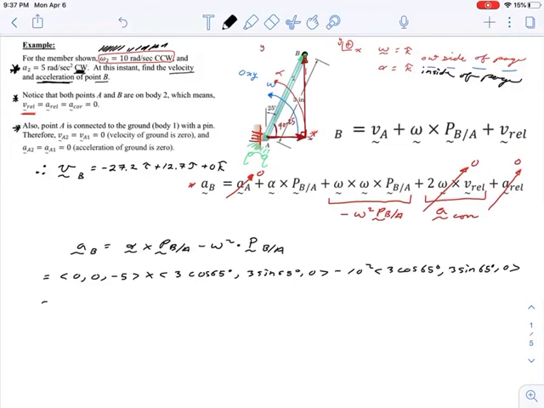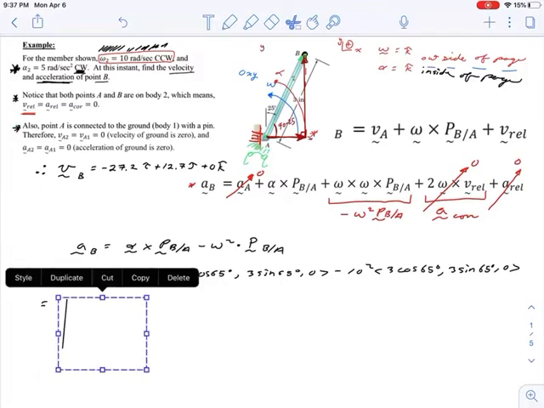Okay, so we can recall that the cross product is just a determinant.